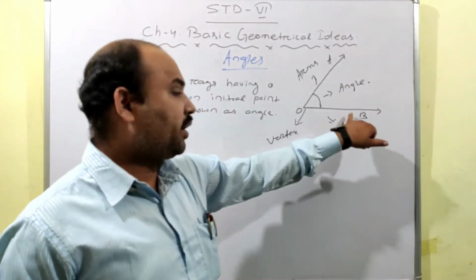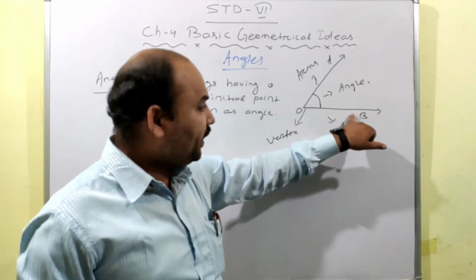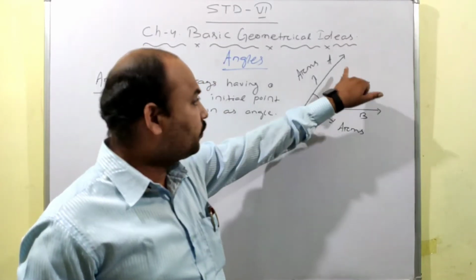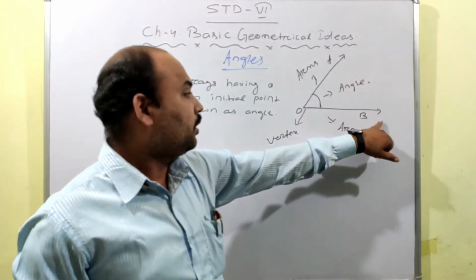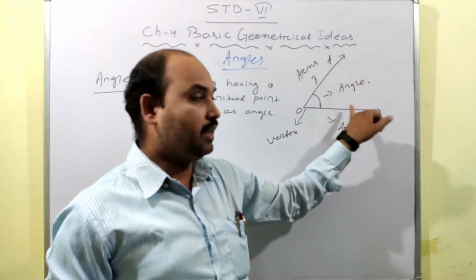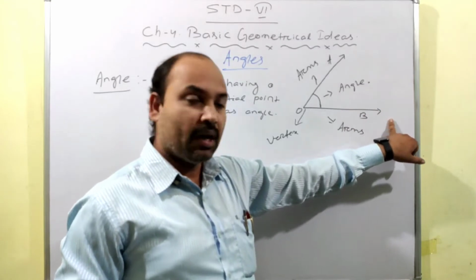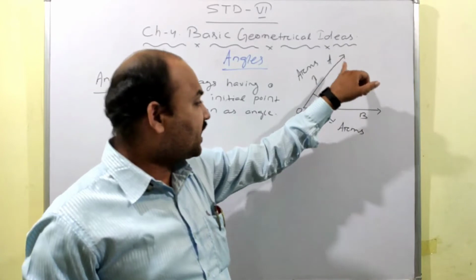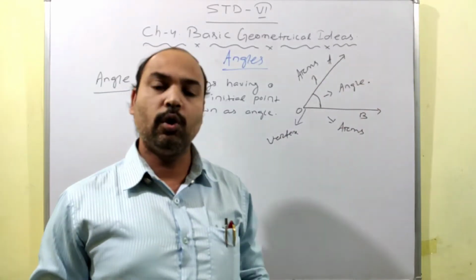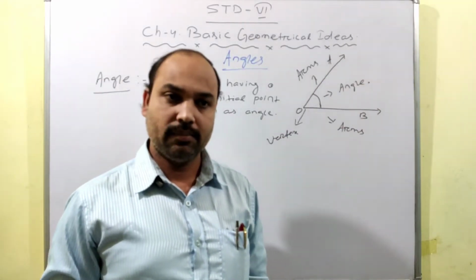Here OB is a ray. When the OB ray moves towards OA, OB is the initial position and OA is the final position. The distance between OA and OB is known as your angle.